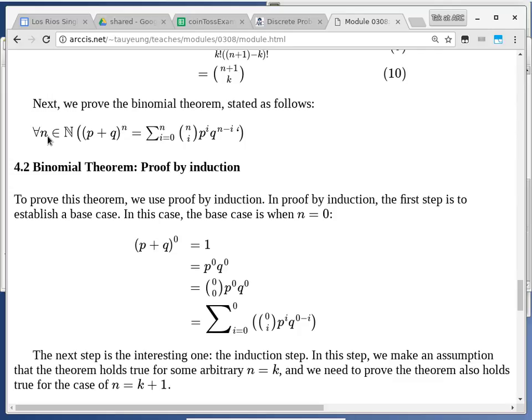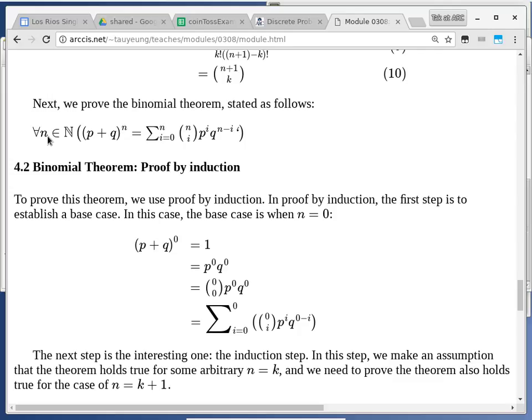Can we prove that when n equals 0, (p plus q) to the power of 0 equals the summation from i equals 0 to 0 of 0 choose 0, times p to the power of 0 times q to the power of 0? Because n is 0, i is 0, so everything is 0. Does that make sense?